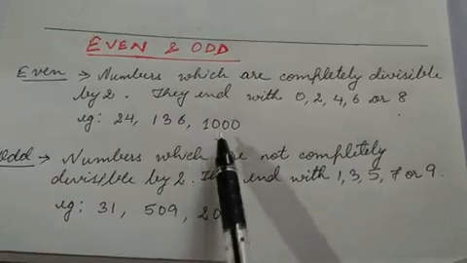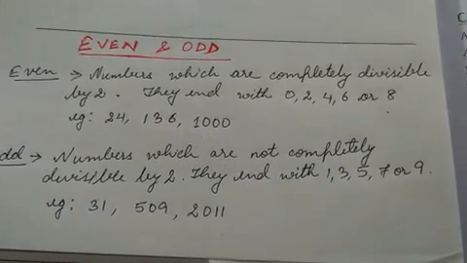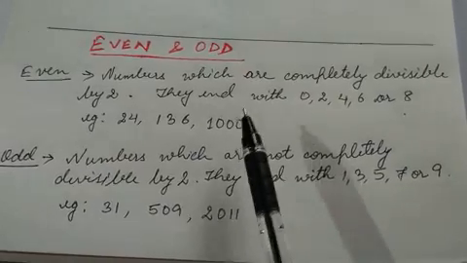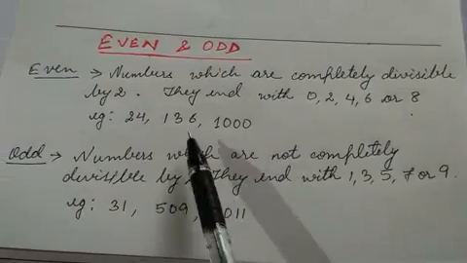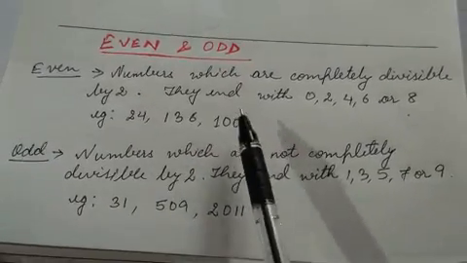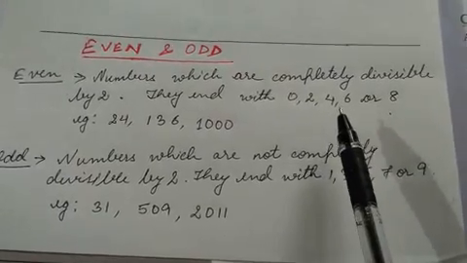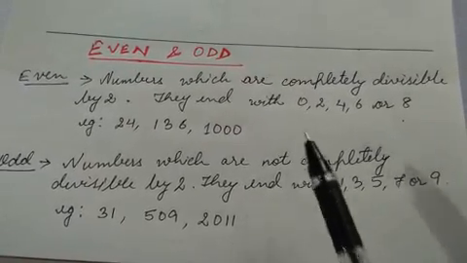These are the examples here: 24, 136, 1000. Here it ends with 0, here it is 6, here it is 4. So they end with 2, 4, 6, 8 and 0.